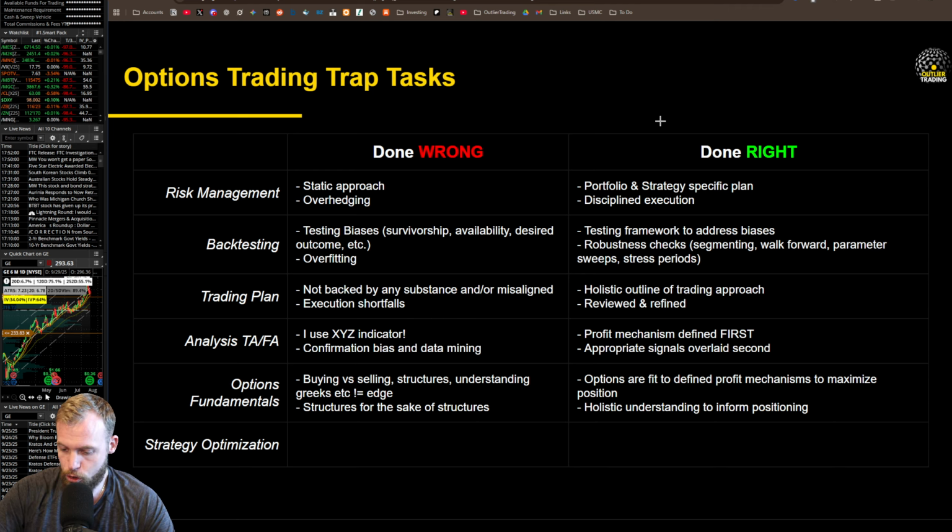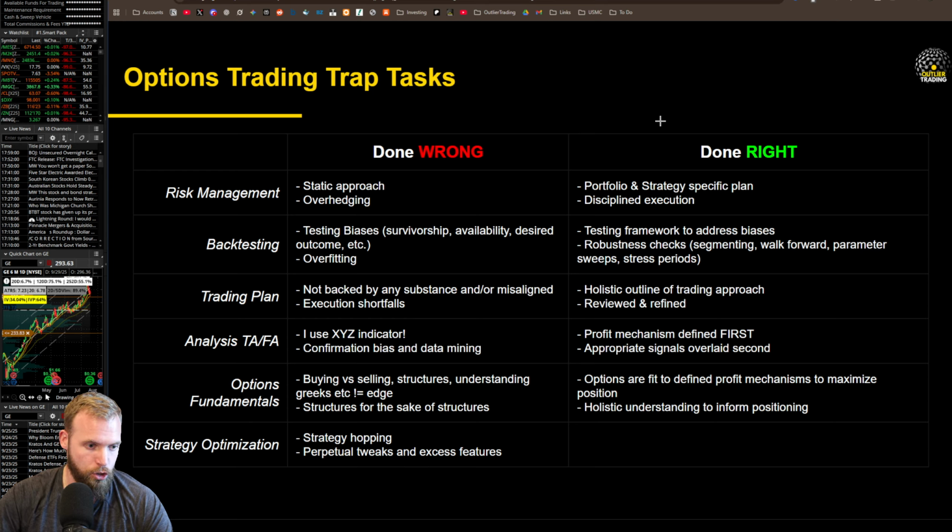No. The short iron condor makes no freaking sense in the context of a momentum play. So the game here, as you notice on multiple of these points, is starting with the profit mechanism. What is the thing that you're trying to monetize? And then fitting the rest of what you're doing around that.